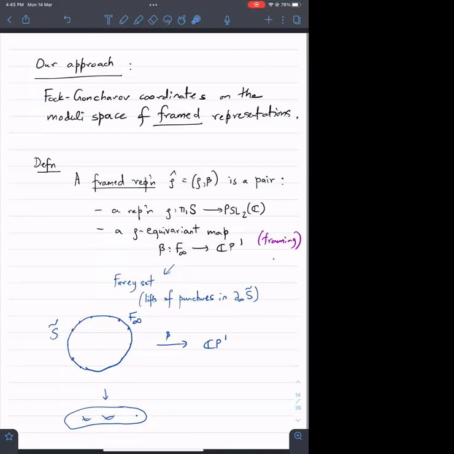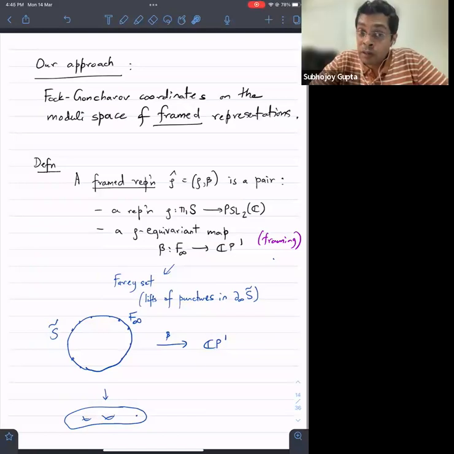You actually get a map from the whole circle, in Anosov representations. You get a continuous map from the circle also, right? That's for a closed surface. Yes, that's right. When you have a closed surface, you can also talk of an extension of this map to the whole circle.